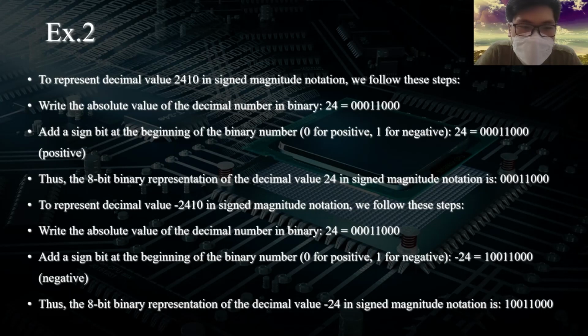Add a sign bit at the beginning of the binary number, 0 for positive, 1 for negative. So positive 24 is 00011000. Then the 8-bit binary representation for decimal value 24 in sign magnitude notation is 00011000.